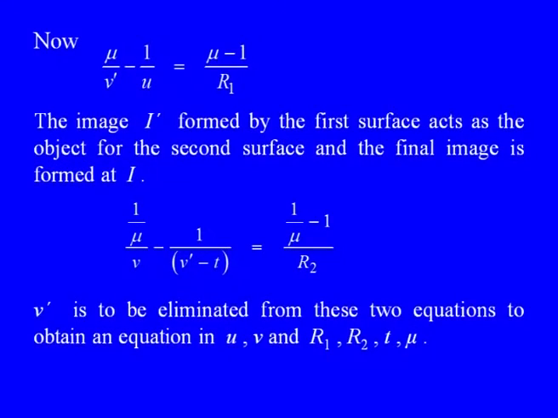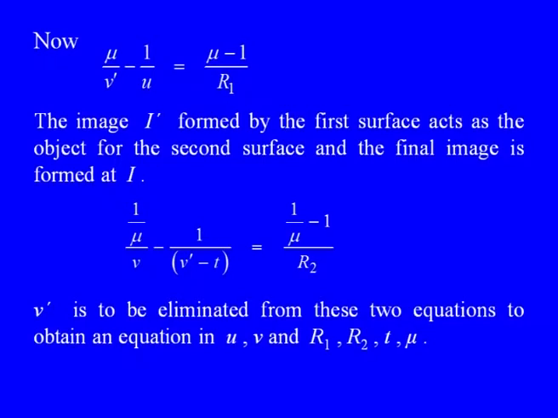So, for the refraction from the first surface, one can write mu upon v prime minus 1 upon u, which is equal to mu minus 1 upon R1. That is the standard relation for refraction from a spherical surface.